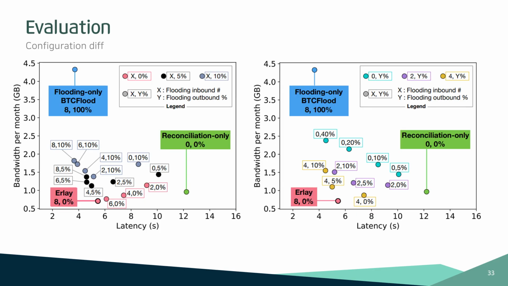And this graph shows some configurations of Erlay-like protocols, that means changing some inbound numbers of those nodes and changing some outbound percent to flood. And these all do some reconciliation steps.